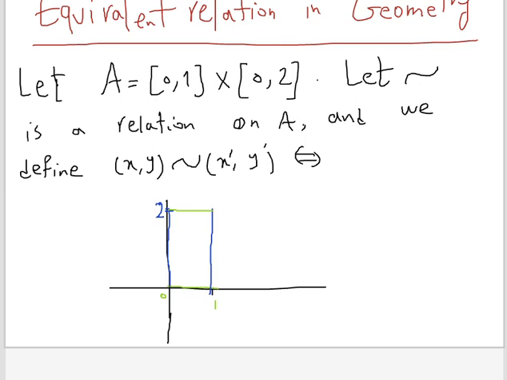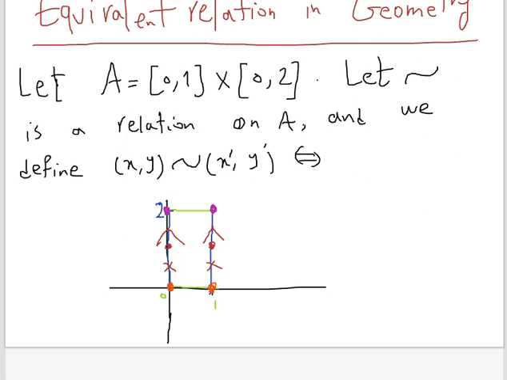Here we say that this one is equal to this one, and this one is equal to this one. These points are equivalent. For example, this point is equivalent to this point.